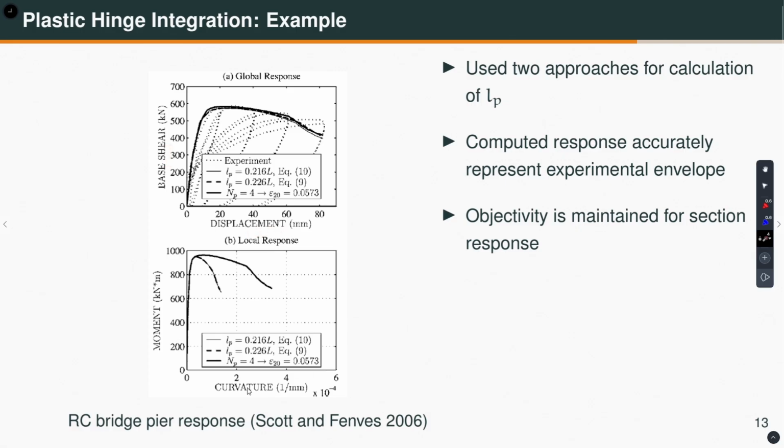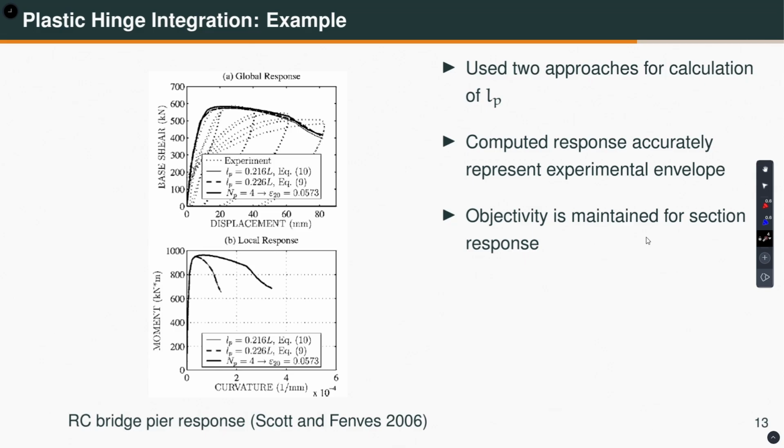And at the section level, the moment curvature response is like that, okay, for the 2 cases of length of plastic hinge, right. And this is obtained using another approach which is called a regularization technique. In the interest of time, I will not be going through this. Okay. So the computed response accurately represents the experimental envelope, okay, and objectivity is maintained for the section level response.